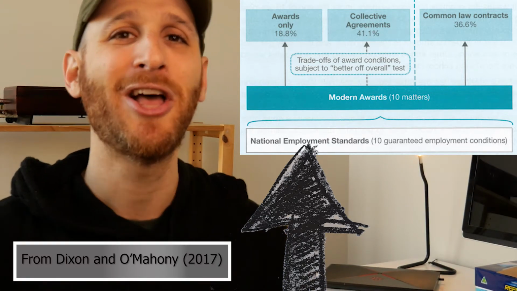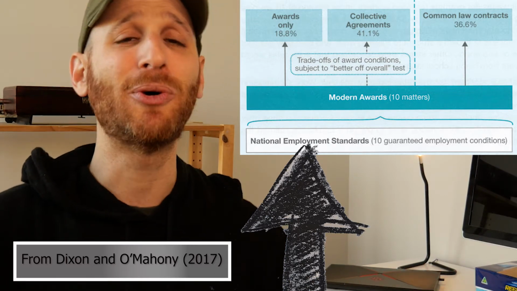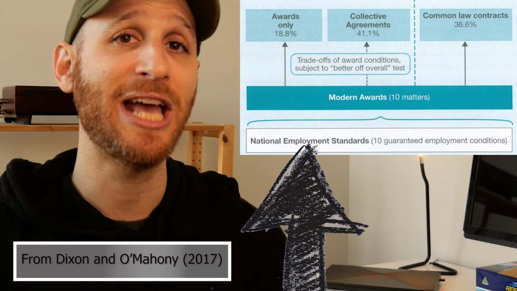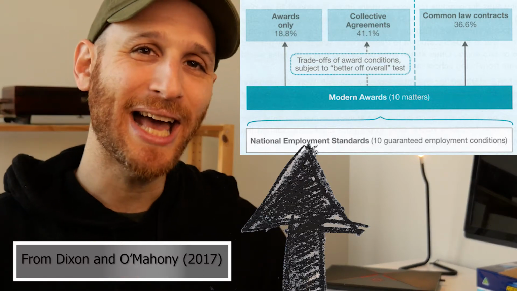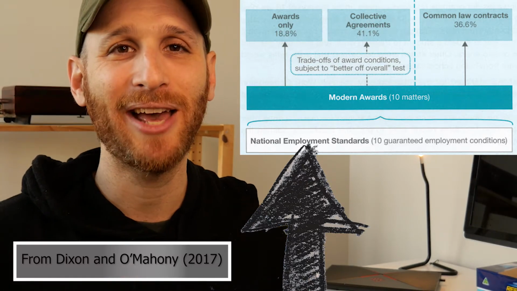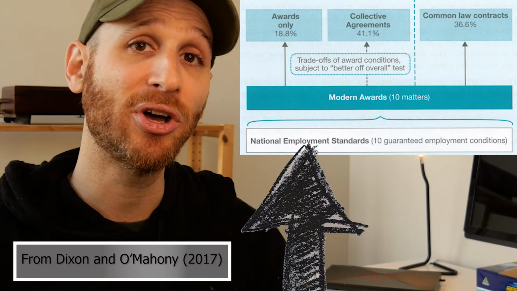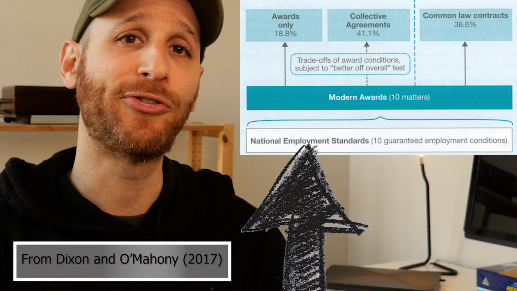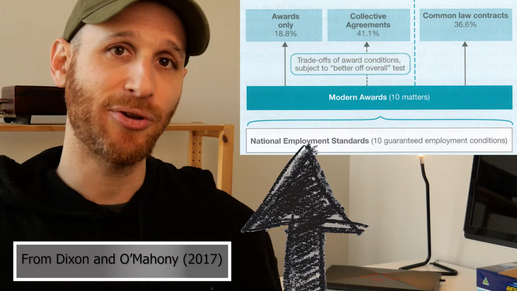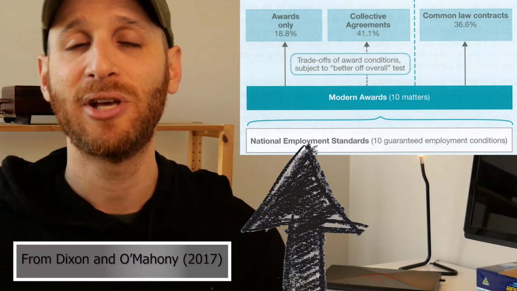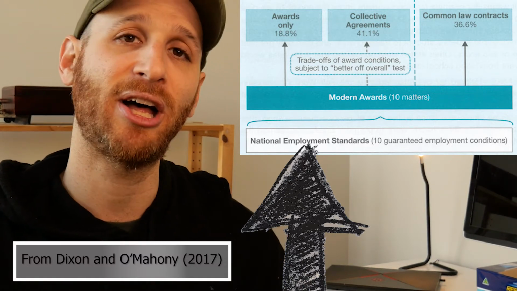But just for your own knowledge, here's a couple of things that are part of the NES. Maximum weekly hours of work are in the NES. There's also the right to request flexible working arrangements. There's also the setting out of the requirements in terms of leave, so things like annual leave, sick leave, carers leave, personal leave, that kind of stuff.